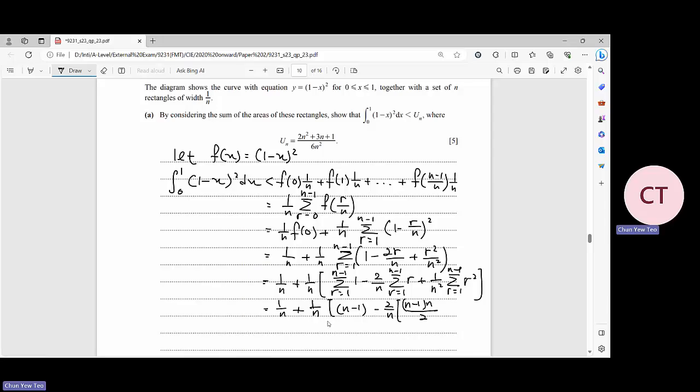Okay, I think I need more space. So this one, let me just erase so that I can have more space to write down the whole sentence here. So this one I write as a 1 over n plus 1 over n.